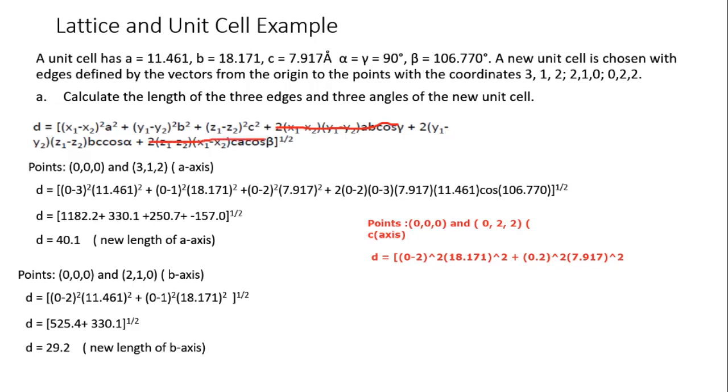But since we have y1 minus y2 times z1 minus z2 cosine alpha, alpha is 90, so then this is also 0. So now we can calculate the new c-axis.